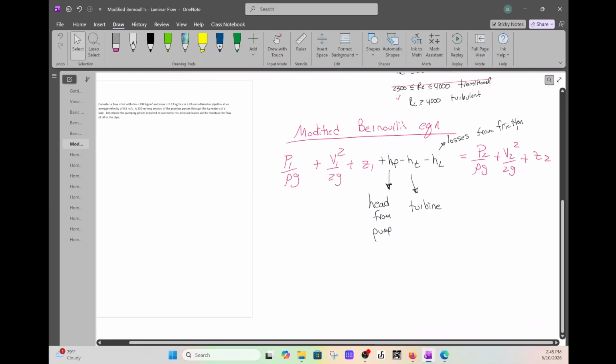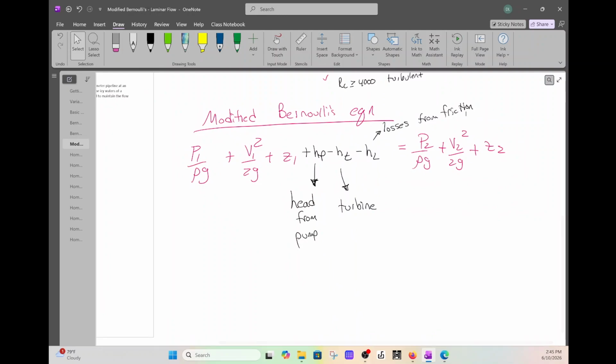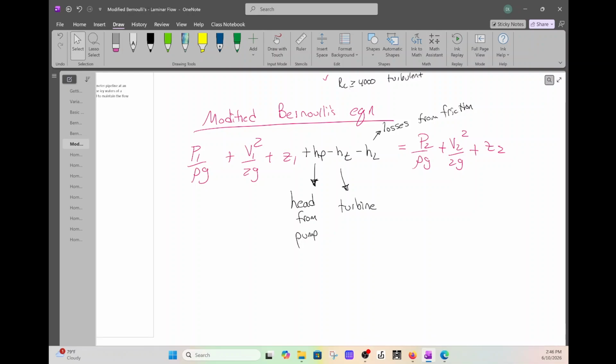Okay, so this is the modified Bernoulli's equation that incorporates now a pump, a turbine, and losses, and we can use this now to get a much more accurate solution of how much power we need to overcome losses in a pipe and what we call minor losses, which I'll talk about next time, from elbows to valves to constrictions and whatnot.